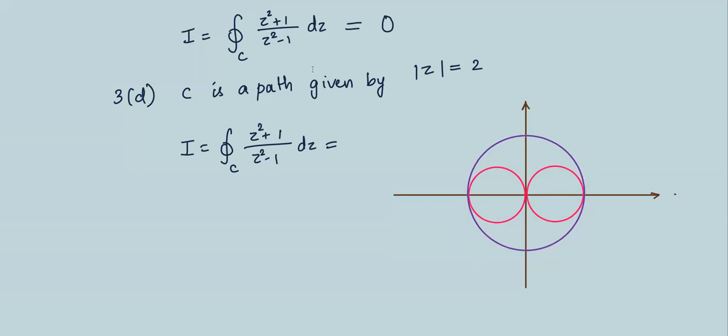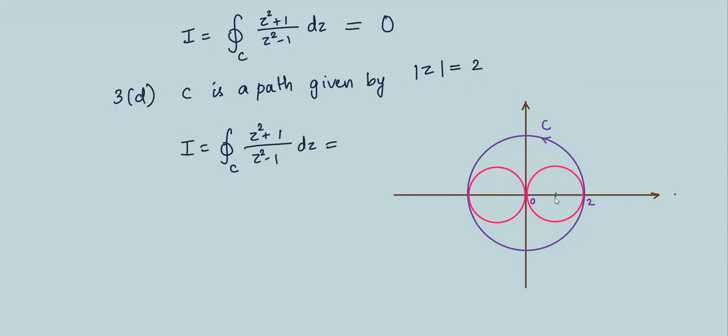Okay, look at this solution now. This path is C, mod Z equal to 2. It has the center at the origin and radius equal to 2.